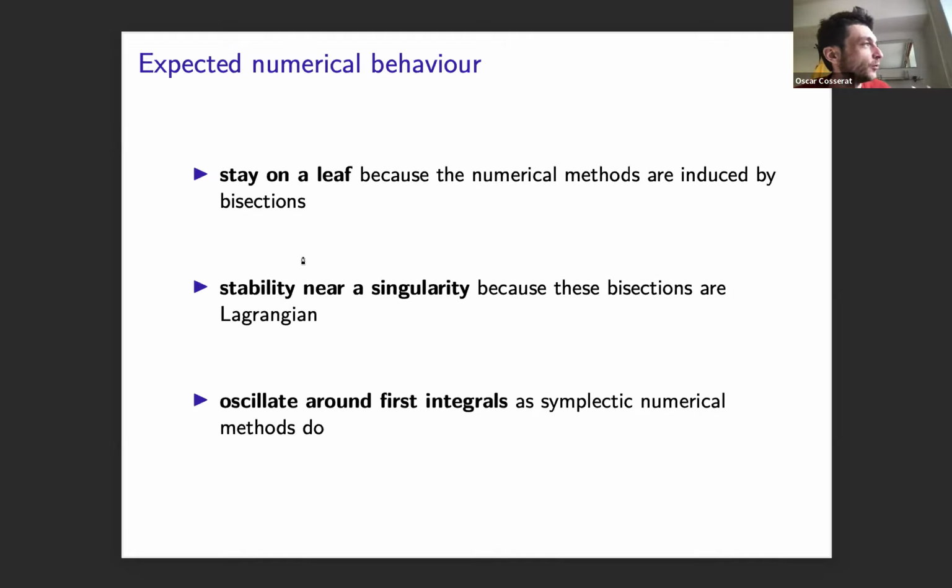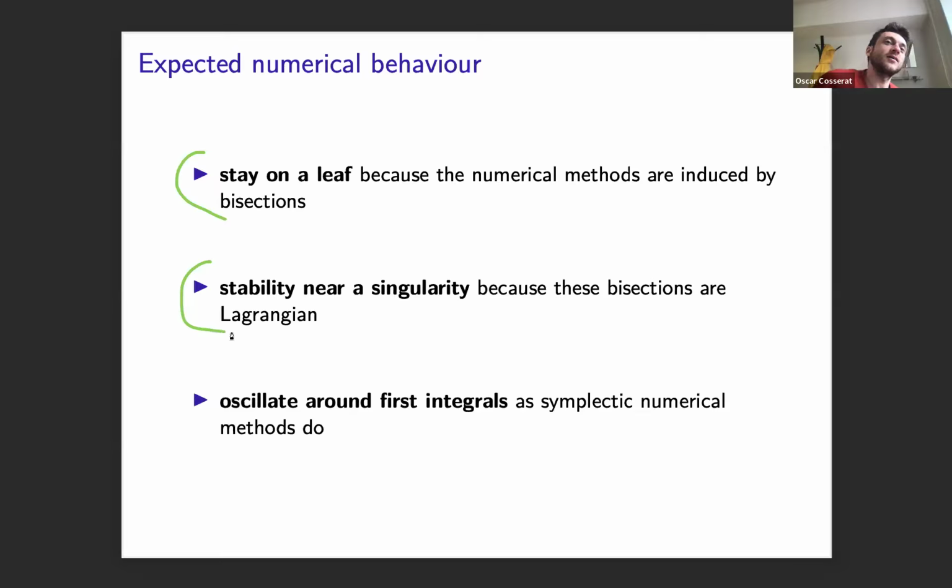And if you pick a bisection of your Lie groupoid, it induces a diffeomorphism on the base that remains on a leaf. Iterations of this diffeomorphism will remain on one leaf, and that's exactly how we constructed our numerical method. So we expect this numerics to stay on a leaf.